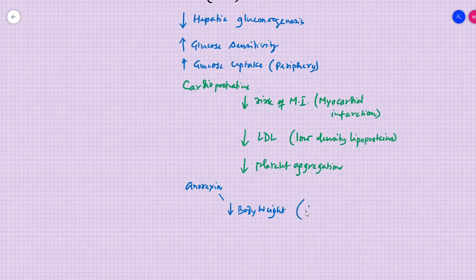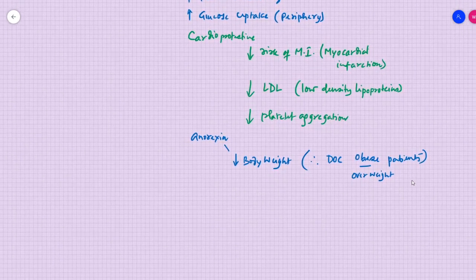Therefore, it is a drug of choice in obese patients, meaning overweight.